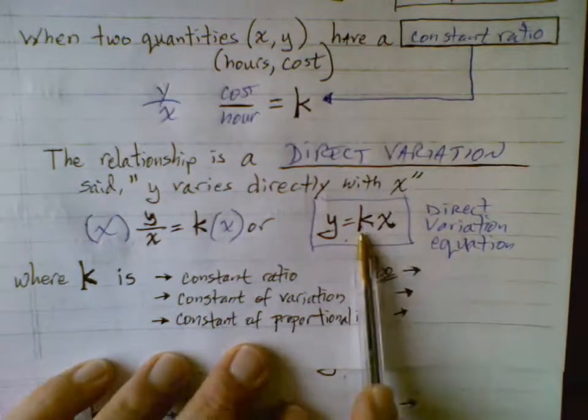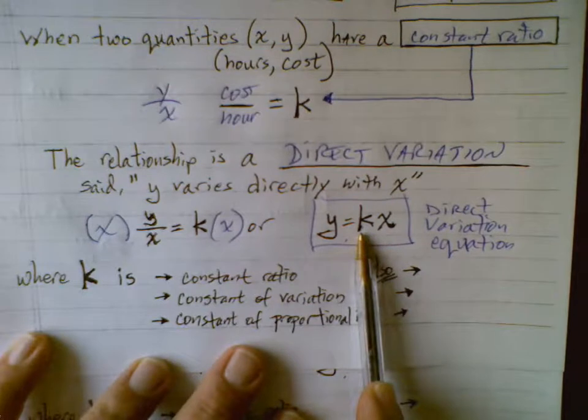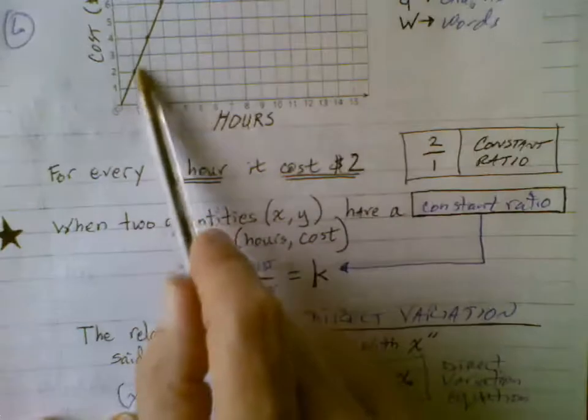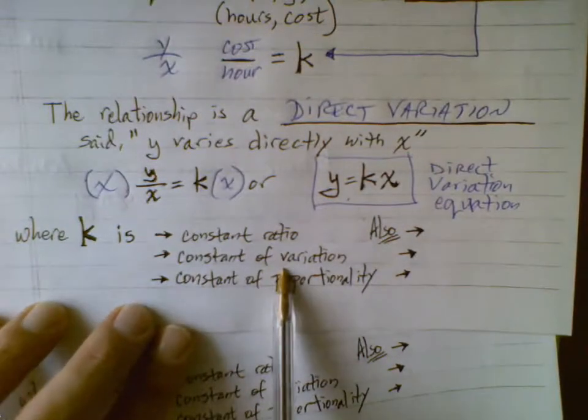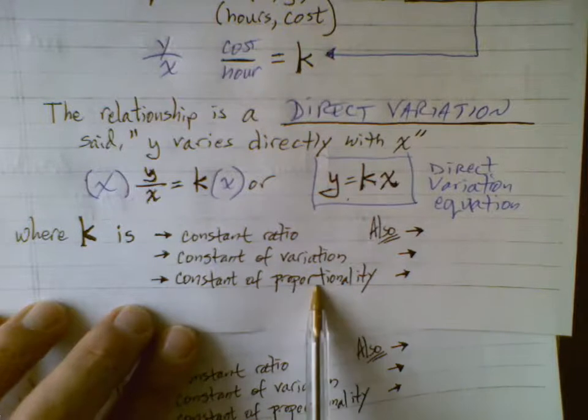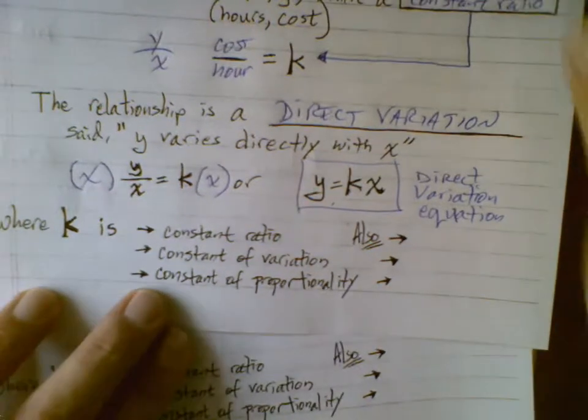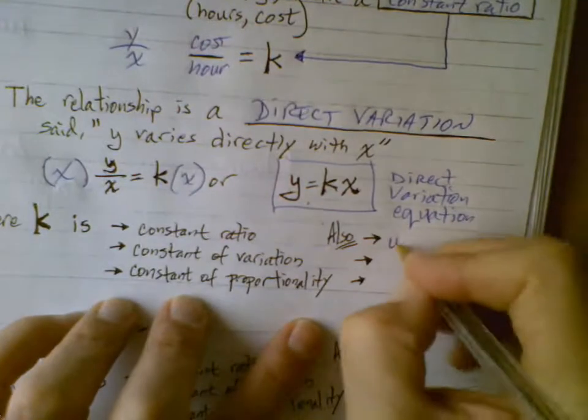And in the world of mathematics, sometimes they've got multiple names for the same things. So k is a constant ratio. We saw that just looking at the points here. But it also has other names. The constant of variation is a name. The constant of proportionality is another name. But we also know it from our previous work. It's also the unit rate.